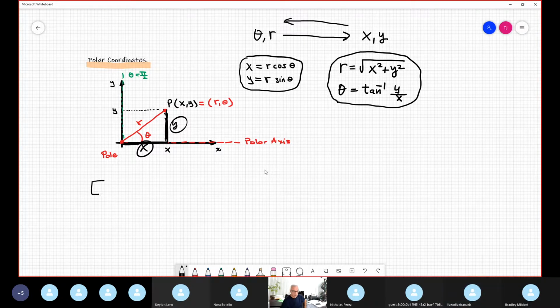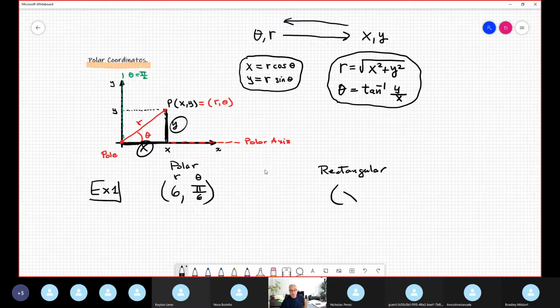Example 1. Suppose I give you in polar 6, pi over 6. This information is given in polar coordinates. So I interpret that this is r and this is theta. I need to convert to rectangular. Rectangular is x, y, correct? Yes. It is the same point, in the same position, but two different ways to express the same idea.